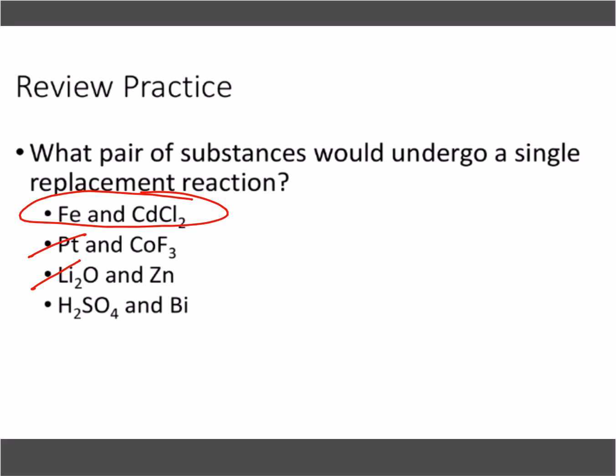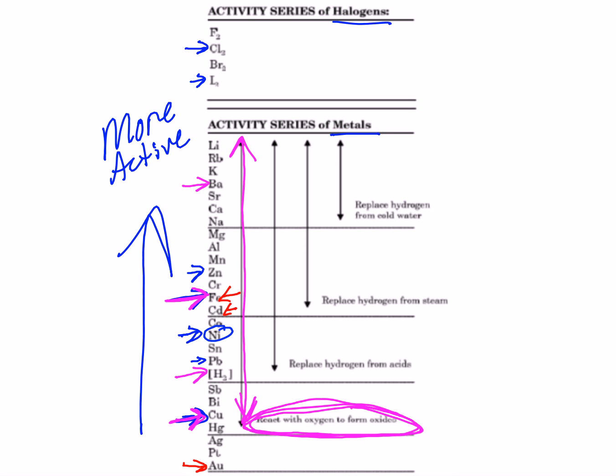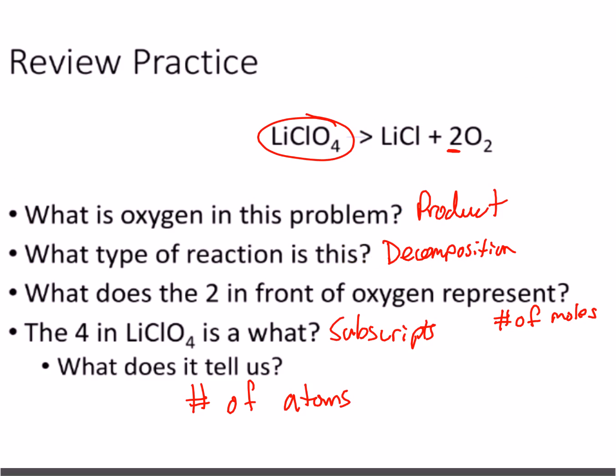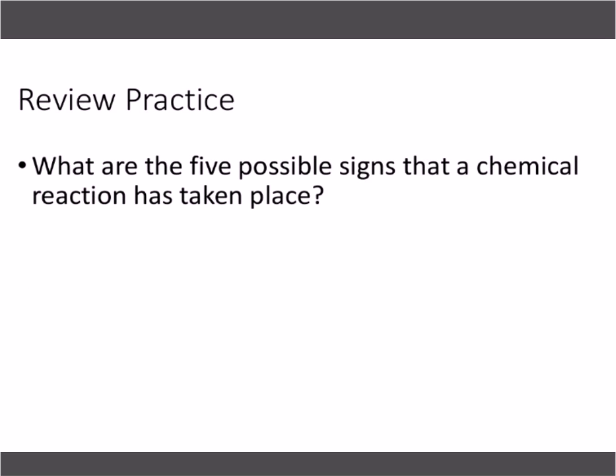Lithium's the highest, so nothing's going to replace that. Let's see if bismuth is higher than hydrogen. Here's bismuth down here. Hydrogen's right there. So only A will the reaction actually occur. Okay, again, the element, guys, that is by itself has got to be higher on the series than the one it's trying to replace.